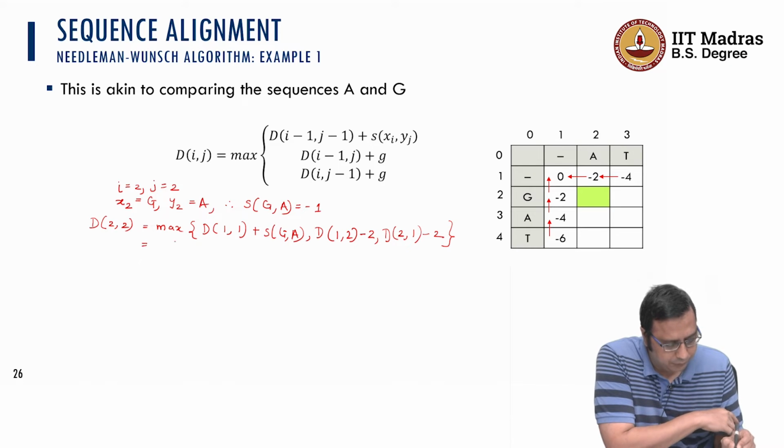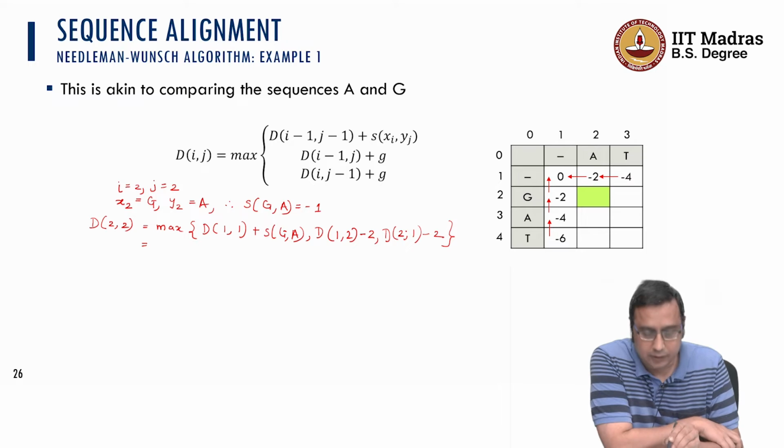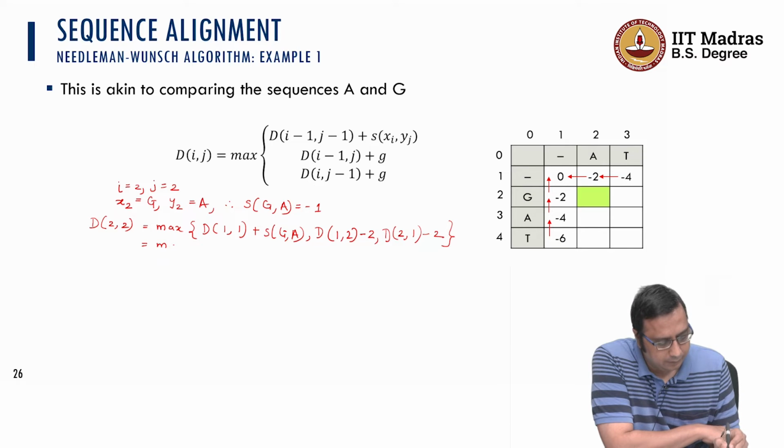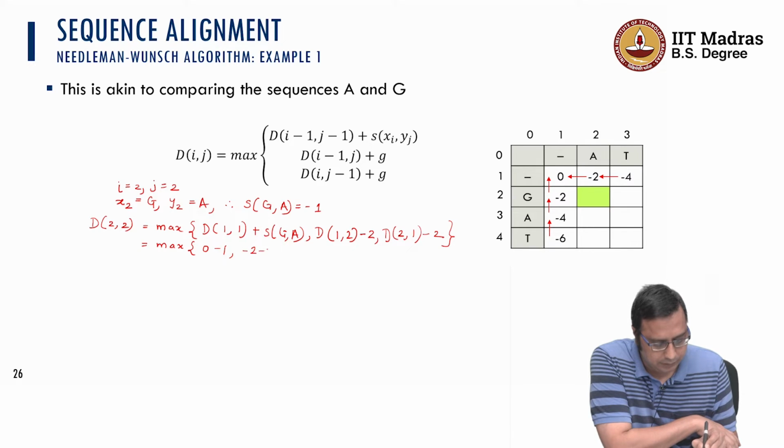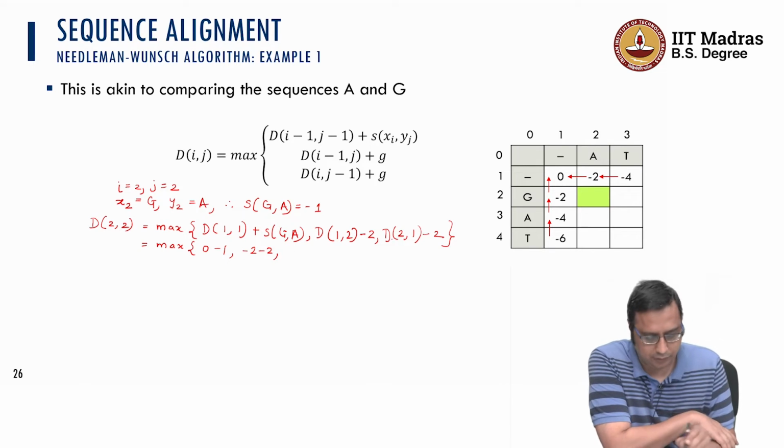If we substitute the D11 score and the other scores, we will get max of 0 minus 1; D12 is the first row, second element, which is -2, so -2 minus 2; similarly D21 is also -2, so -2 minus 2.